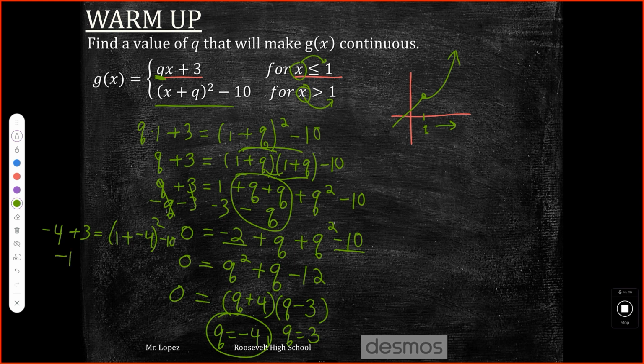So we got negative 1 has to equal 1 plus negative 4 is negative 3, that would be 9 minus 10. And then negative 1 is equal to negative 1. That is okay.